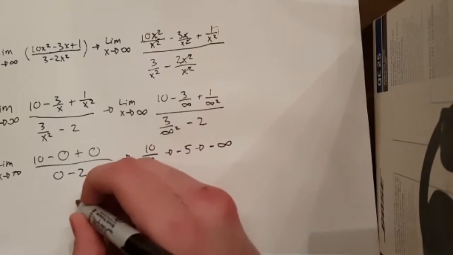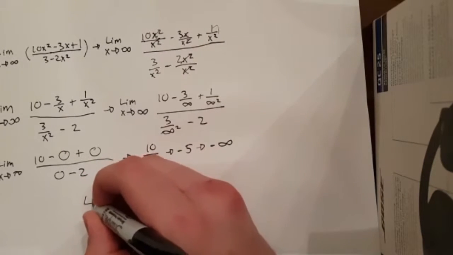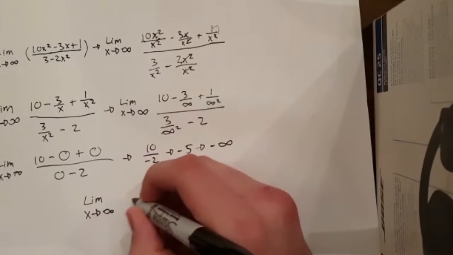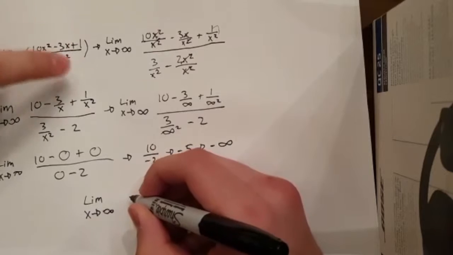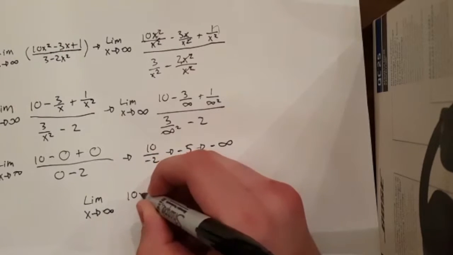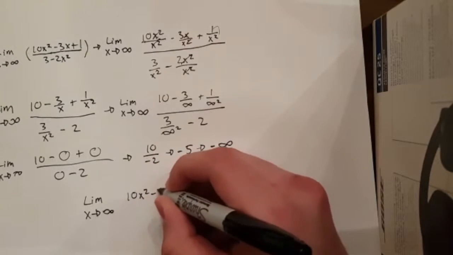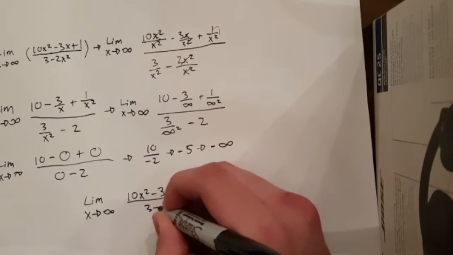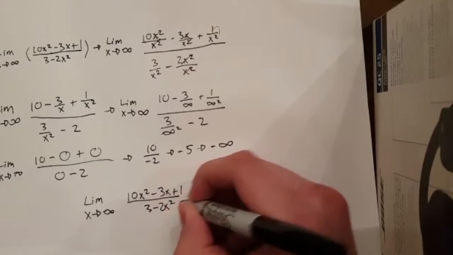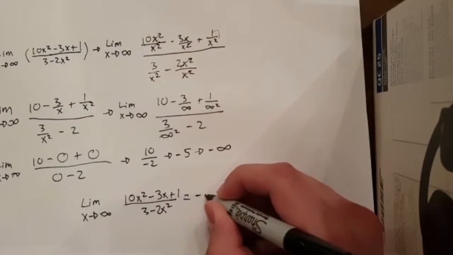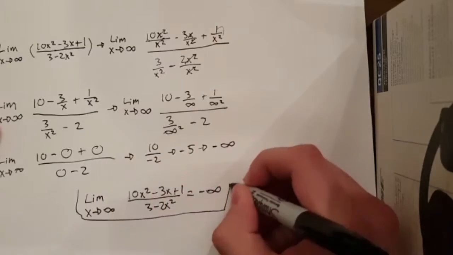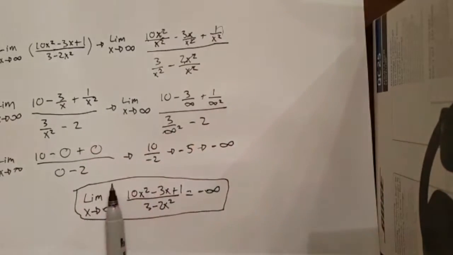So the final answer for this problem is the limit as x approaches infinity. Then we rewrite the problem they gave us at the beginning, 10x squared minus 3x plus 1 over 3 minus 2x squared, is equal to negative infinity. And so this is the answer to our problem.